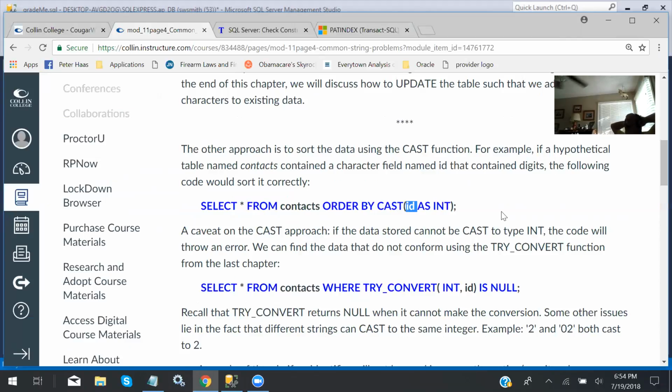But if I pad mine out with zeros, so my number is 0095, then everything's going to sort just fine. So if everything is the same length, we're going to be fine. The other option is to cast it to an integer. We talked about casting last chapter.